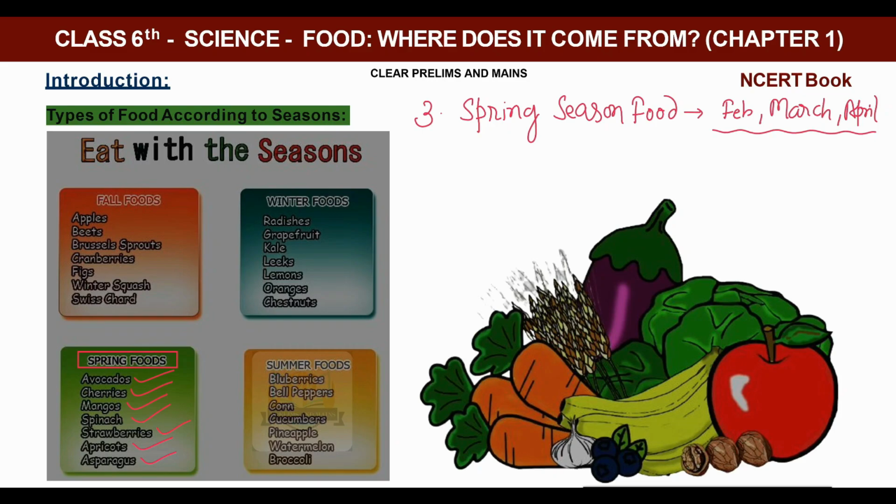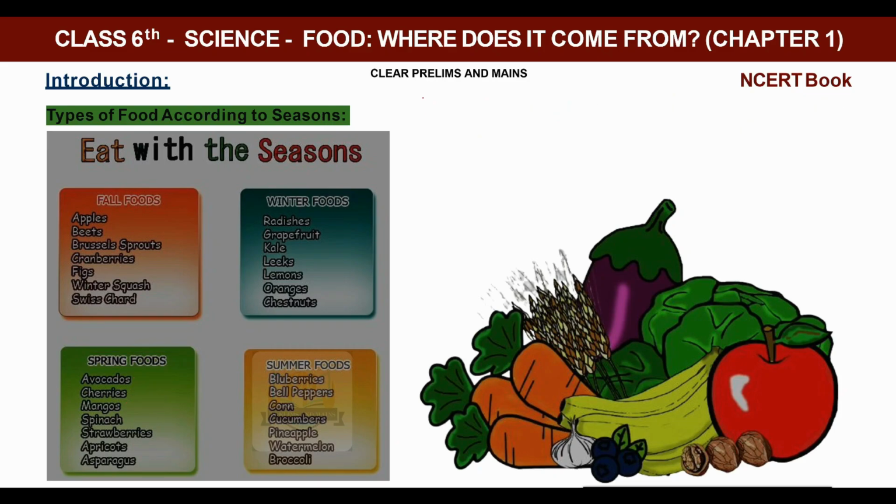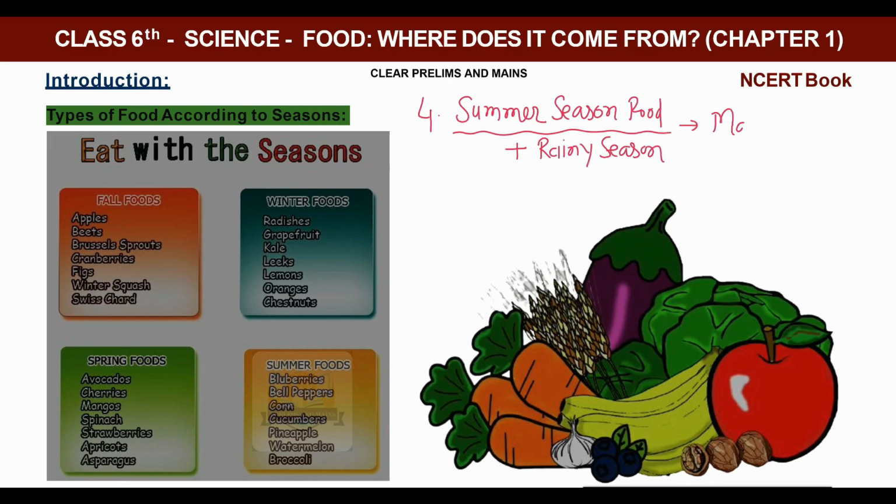And thereafter, we have a fourth season, that is summer season food. Along with summer we have a wet season, means rainfall. Rainy season is also included, from the months of May, June, July, August, and some period of September also.